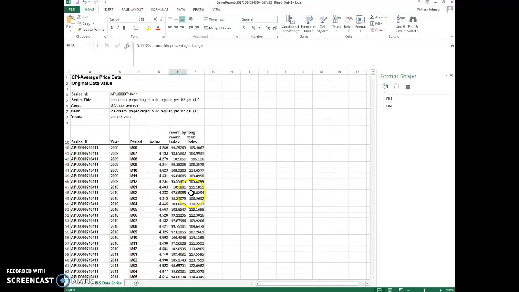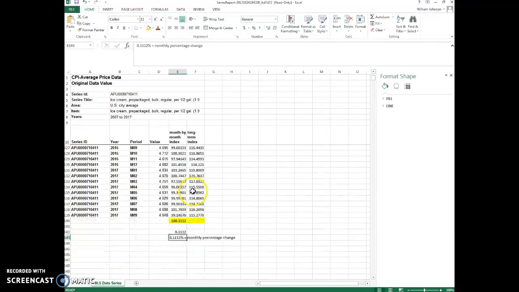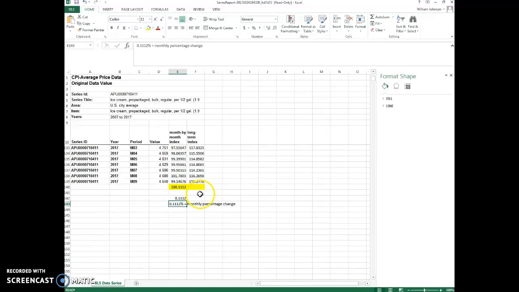However, the long-term index, we can actually do something. And this one I like because you don't have to do virtually any calculations. 115 is my last index. What did I start with? Hopefully you know this answer. Indexes always start at 100. Subtract those two. That's it. Just subtract them. Once again, I can do this without any fancy math. I can do this in my brain. 115 minus 100, I'm left with 15.2778.